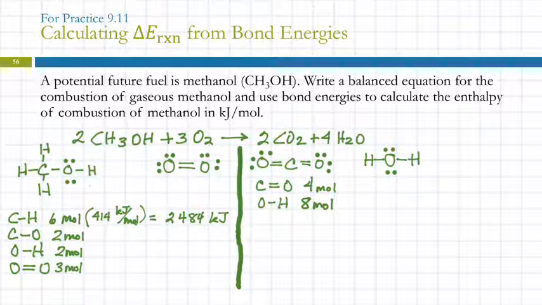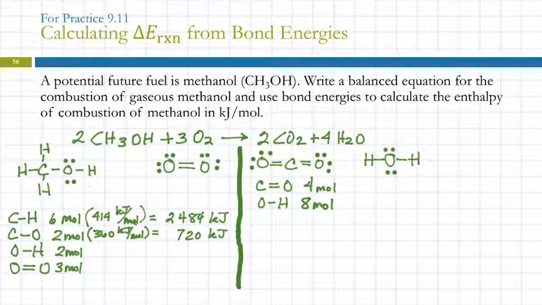I have 2 moles of carbon-oxygen single bonds. So I find the bond energy for that is 360 kilojoules per mole. So that's what, 720 kilojoules? I've got OH bonds being broken, 2 moles of those.